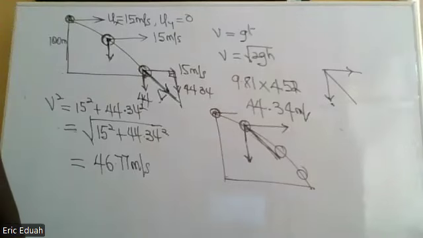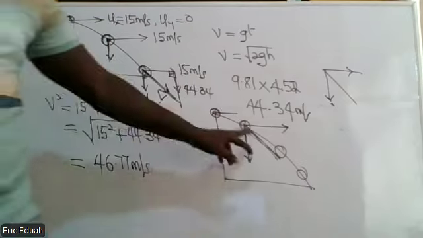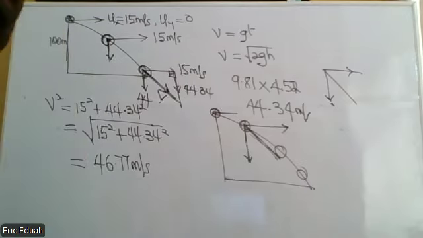Sir, please, can we use equal vectors to also solve this? Yes. To get the resultant, you must use the concept of vectors. But because we haven't done vectors, that's why I'm not talking about it. Right after projectile motion, vectors will help you when you go to school.